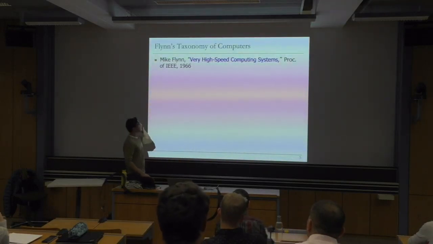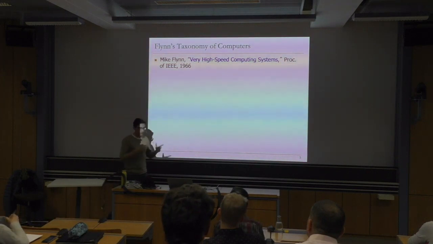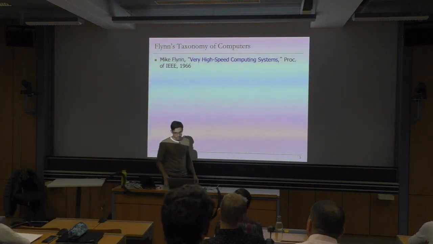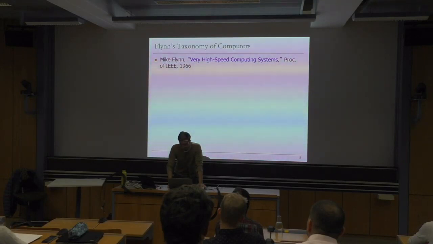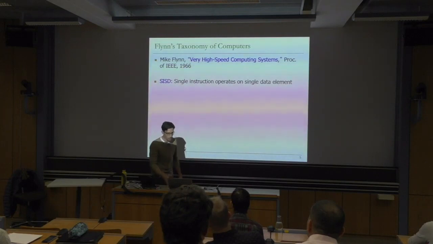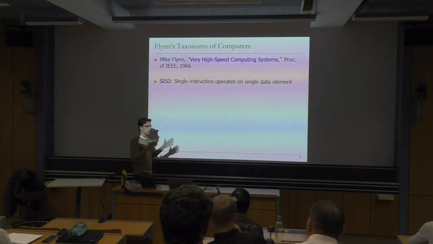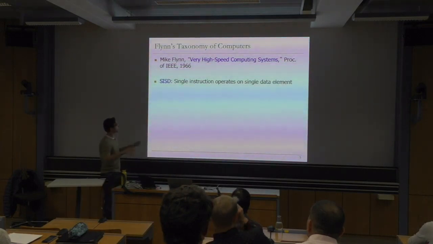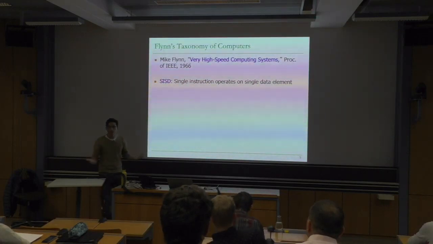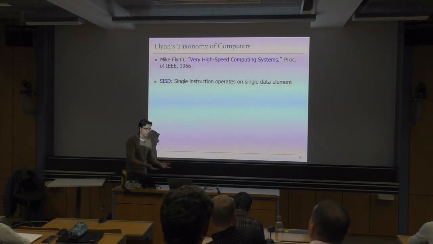Before we start, it is good that we review something that I'm pretty sure you already know, the Flynn taxonomy of computers. Mike Flynn in 1966 classified computing systems in four main categories based on how they execute instructions to operate on data.